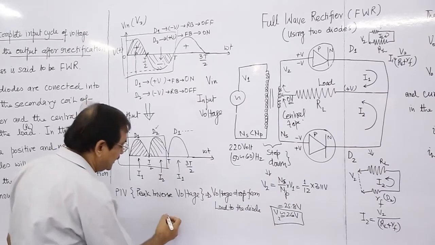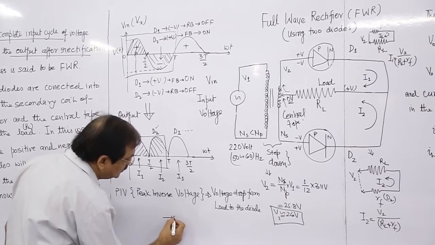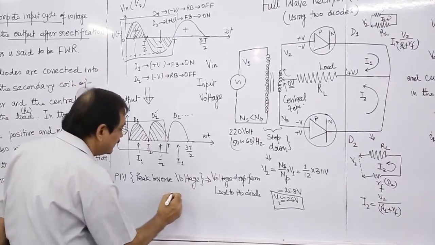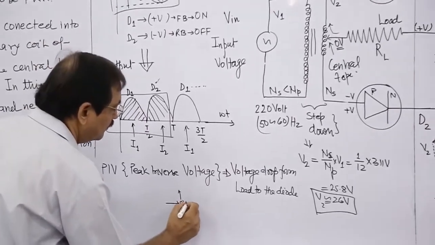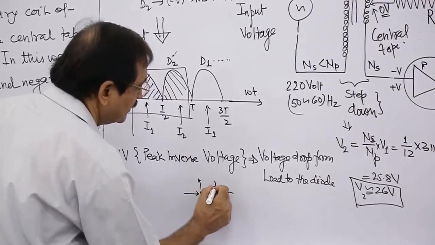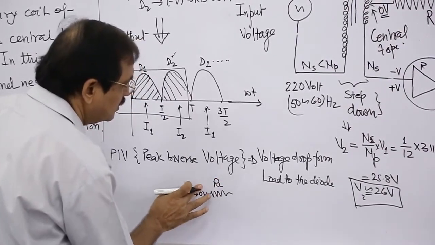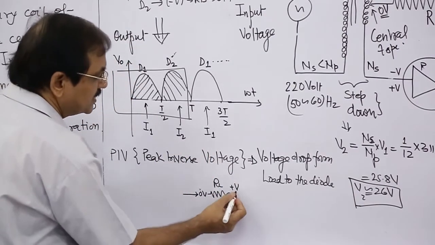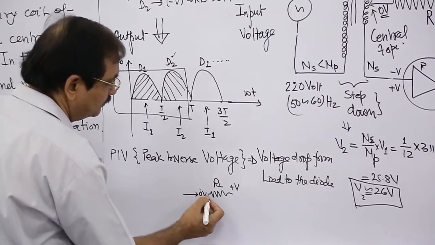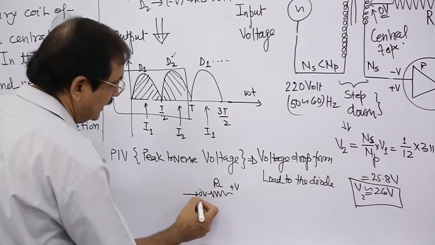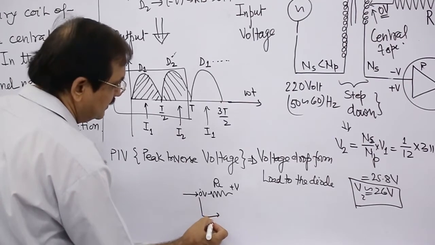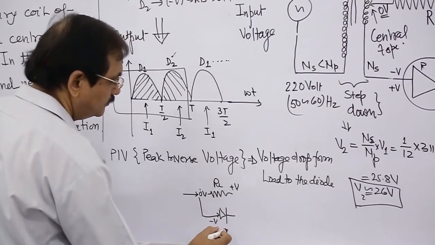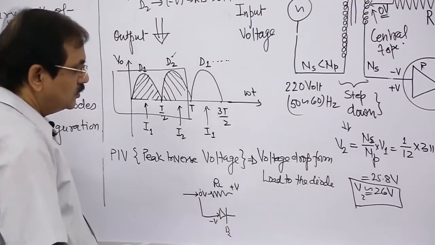So, how can we understand? We see this value is 0 volt, this value is 0 volt, and this is RL, so this is positive V. So, positive V at RL, this is 0 volt, and then this is minus V at the diode D2.